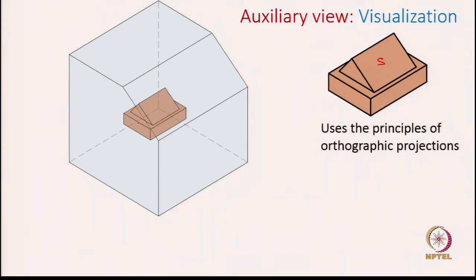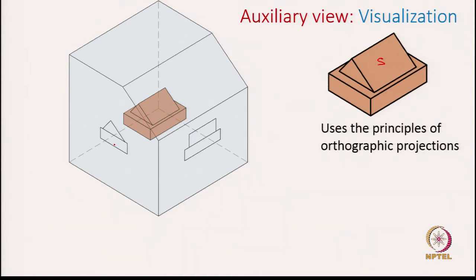The first thing is you first capture the regular views or the principal views. What are those? For example, here I can capture the side view and the front view. Okay. So, in which of these views is the surface of interest an edge? The surface of interest is S, it appears as an edge in your front view. So, front view becomes the primary view onto which we will open the rest of the views. But now let us focus on how we capture the auxiliary view.